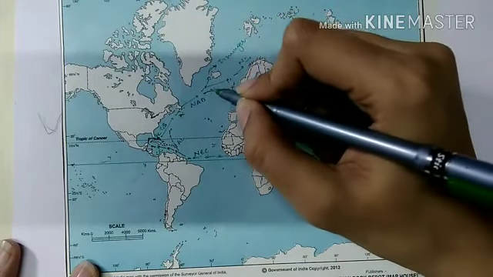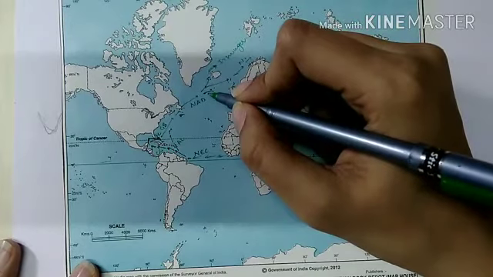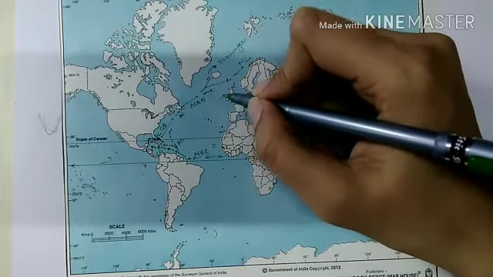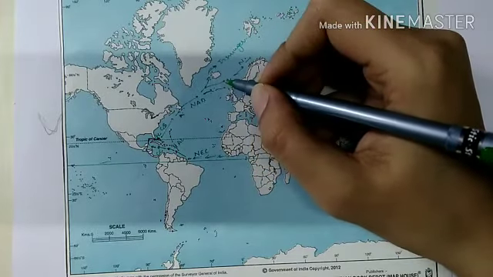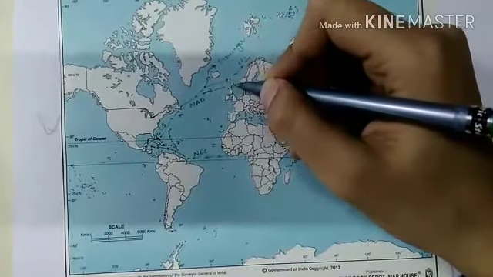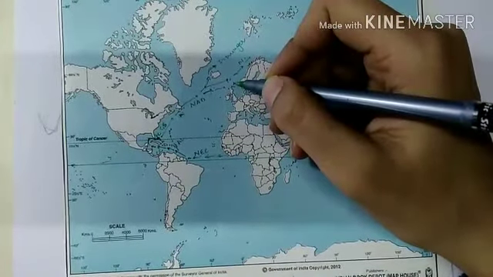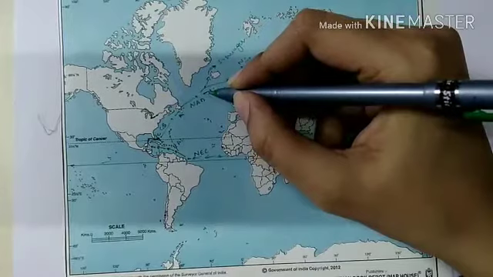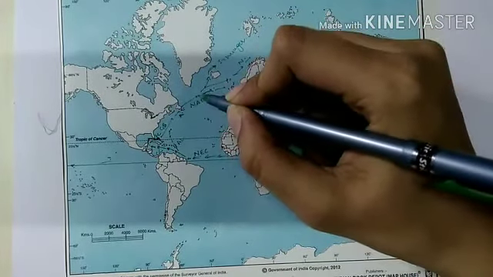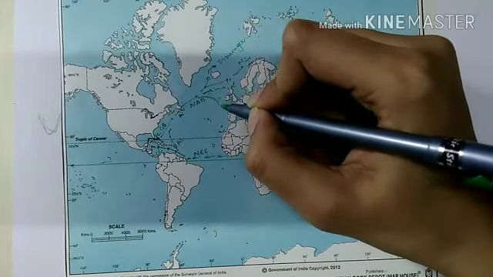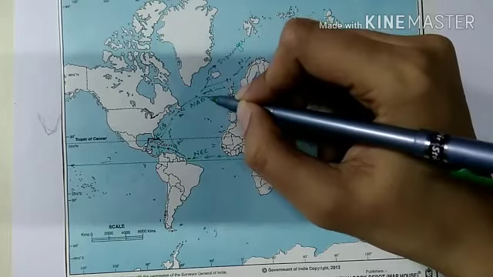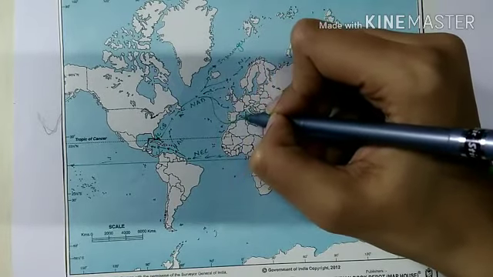So this branch also bifurcates. One will enter the Bay of Biscay and the other will enter the Mediterranean Sea.